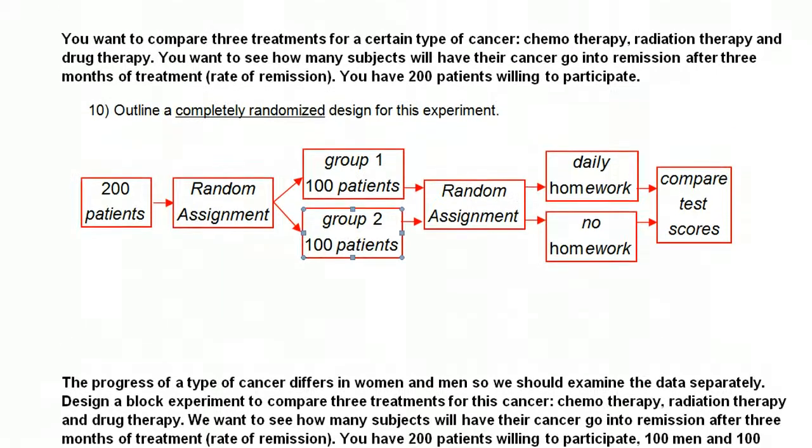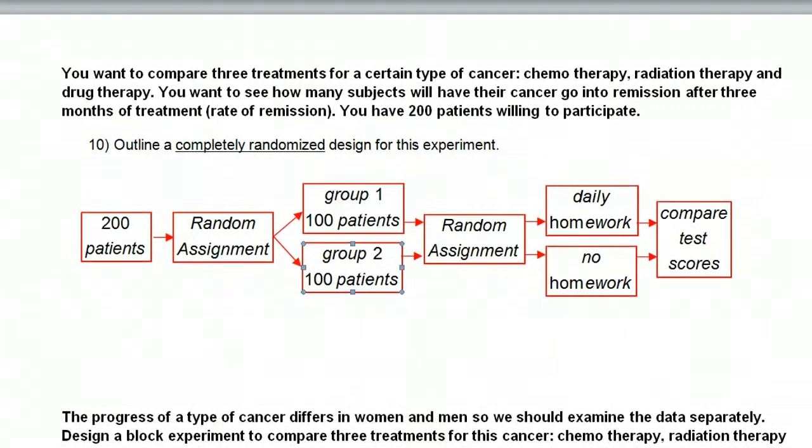Oh, you know what? I messed up a little bit. Because there are 3 treatments, and here I have a number that's not divisible by 3. The bottom line is I need to have 3 groups. I'll do the best I can to divide these into 3 groups.